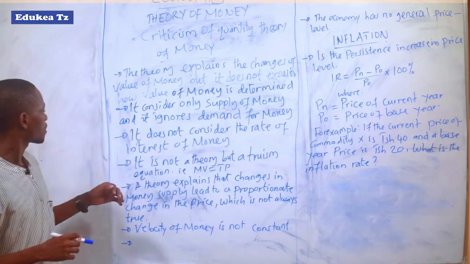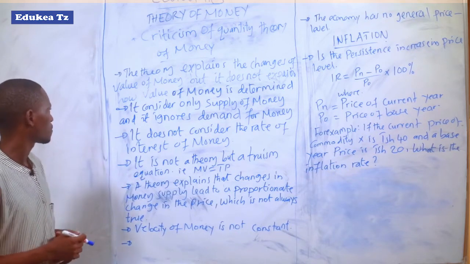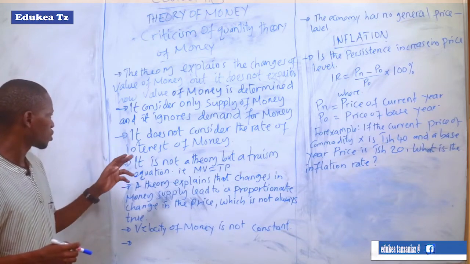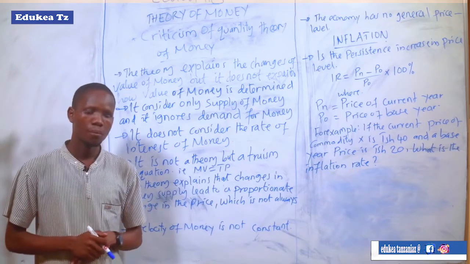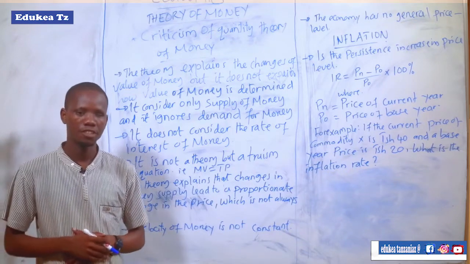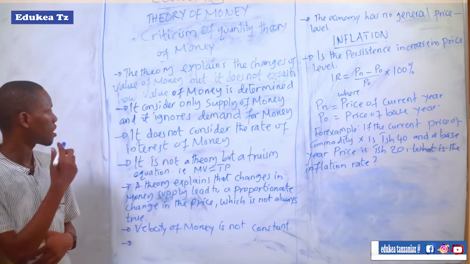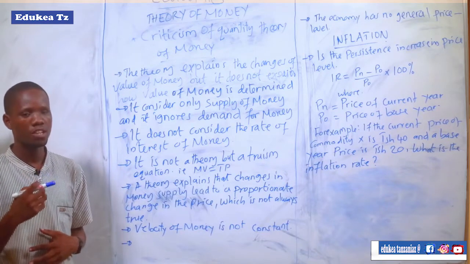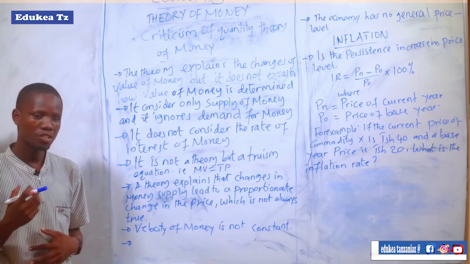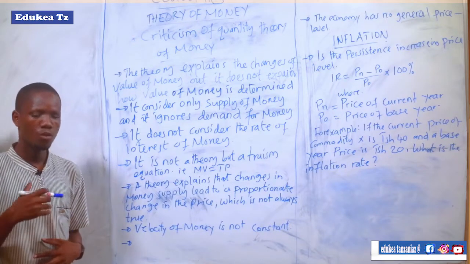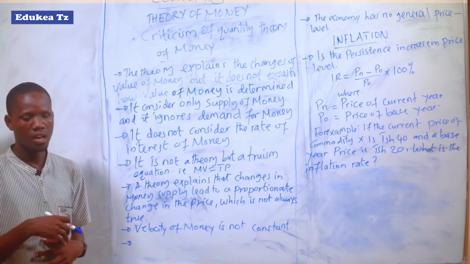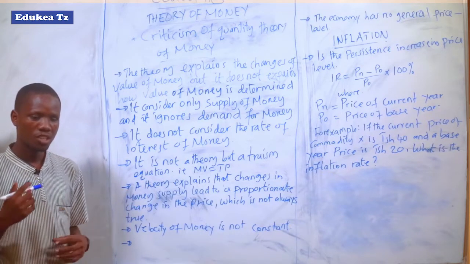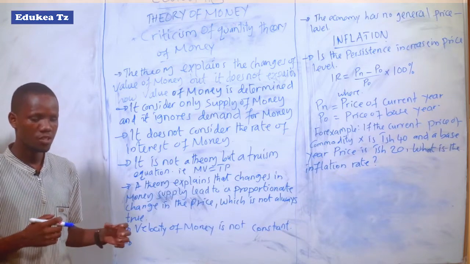Now we have another criticism about this theory, that it considered only supply of money and it ignores demand for money. Professor Fisher assumed that when there is a large quantity of money supply in the economy, there must be a lower value of money, hence leading to higher prices of goods and services. But he did not take into consideration the demand for money.